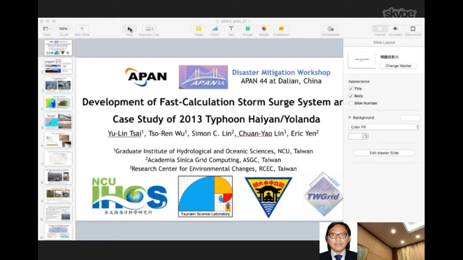So from the two pictures, you can see the inundation is some flooding, but the water height is maybe just 20 centimeters. But in some harbors, in Kinmen, Kinmen is located in these regions, the abnormal water level rise is higher than the seawall, so you can see water flooded in the local harbor.